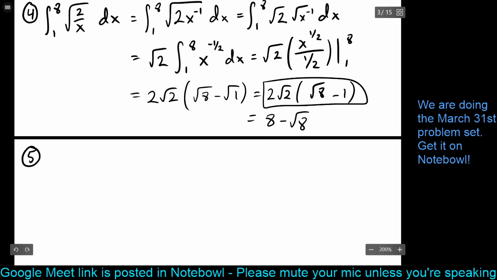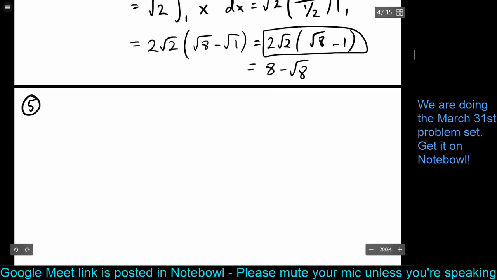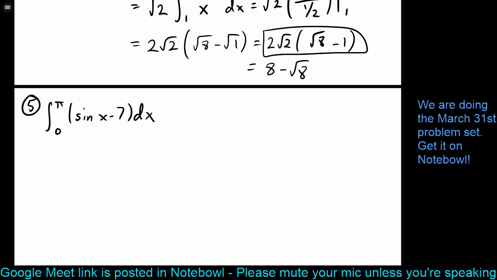Let's look at 5 here. So 5, we're now integrating from 0 to pi of sine of x minus 7 dx. So, to do this one, we just have to figure out, again, what are these antiderivatives?